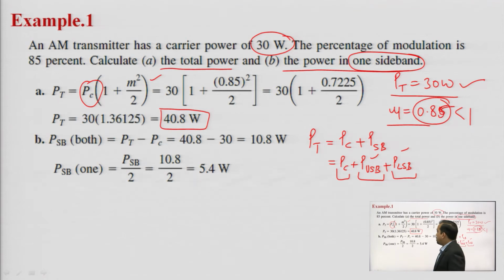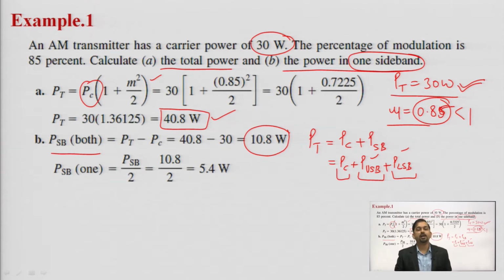The sideband power, which is PT minus PC, we can find out. PT was 40.8, PC was 30, so 40.8 minus 30 is 10.8. So the total sideband power is 10.8 watt.